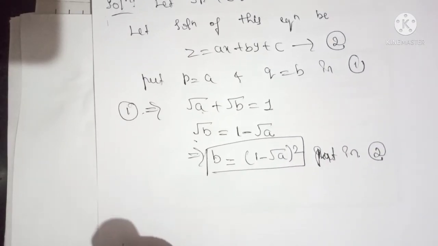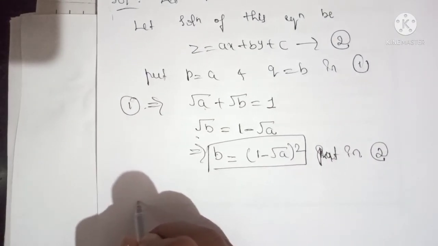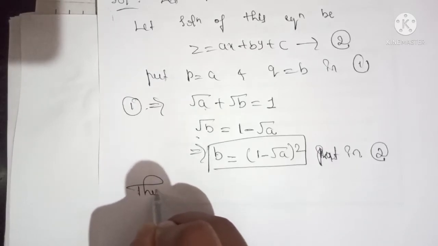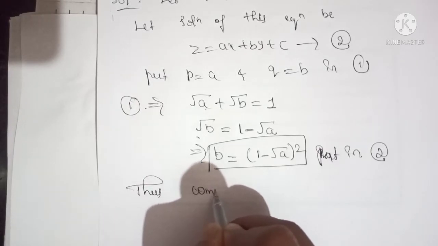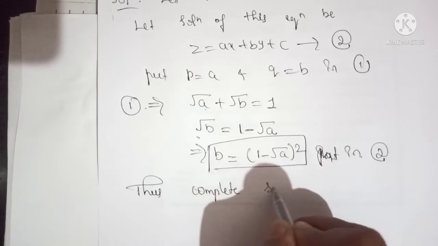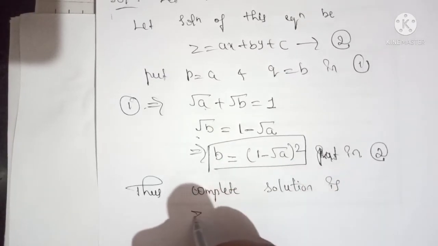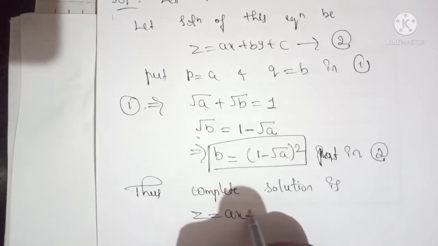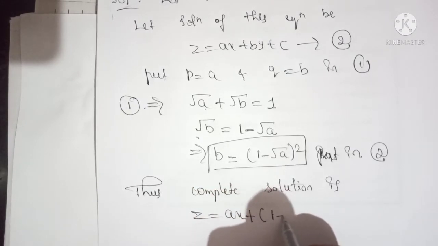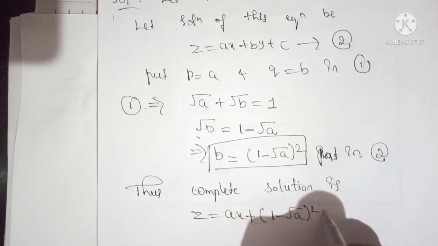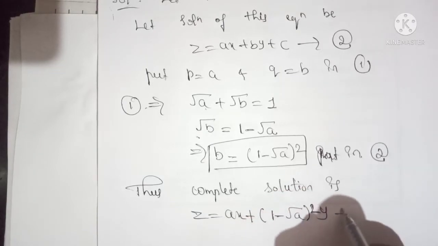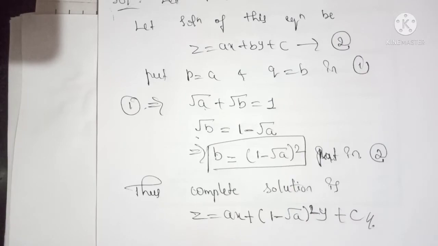So the equation 2 implies that the complete solution will be Z is equal to AX plus B value, which is 1 minus root A whole square, into Y plus C. So this is the complete solution.